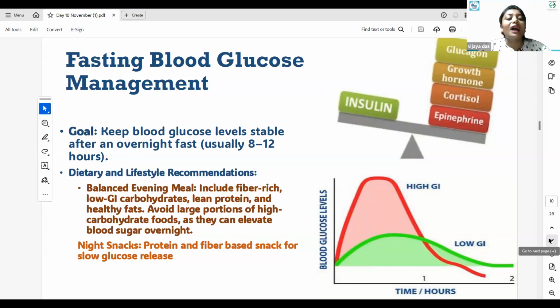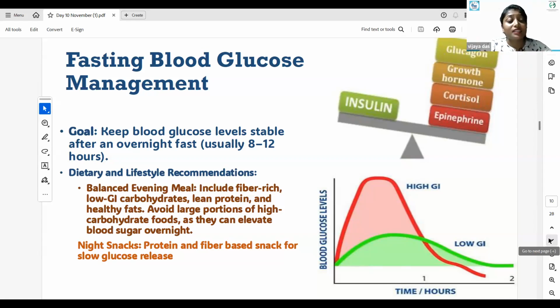In case of a high fasting blood glucose level, we can go for balanced evening meals, where the addition of fiber and protein along with healthy carbs can make sure that there will be a slow release of glucose. With the slow release of glucose, there will be a slow and steady release of insulin for a longer duration of time. As a result, the other hormones like glucagon, growth hormone and cortisol won't push the glucose into our blood.